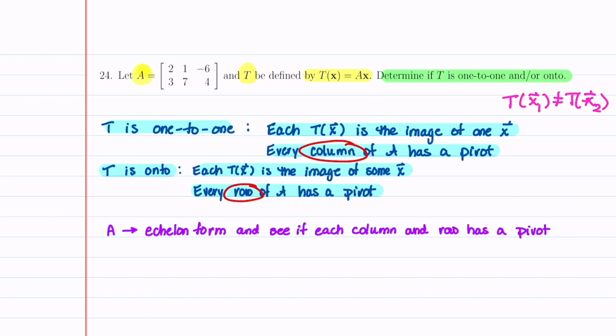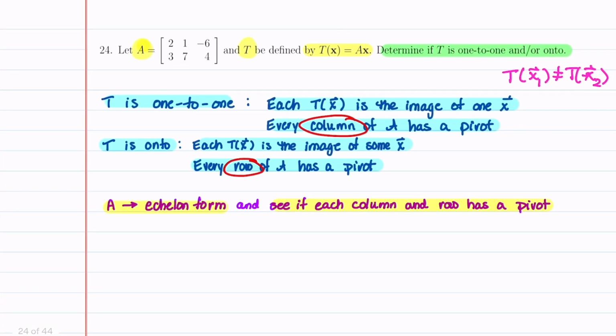What we're going to do is take A and put it in echelon form, and then we're going to see if each column and row has a pivot. Let's begin by writing down our matrix A: 2, 1, minus 6, 3, 7, 4, and we're going to put this in echelon form. I'm going to begin by circling our pivot.